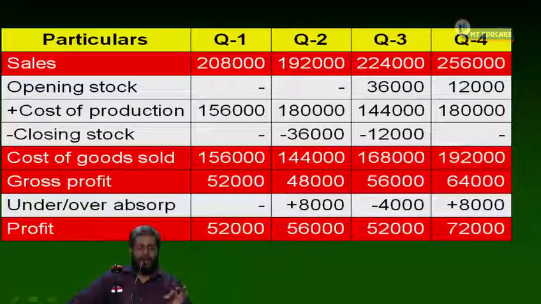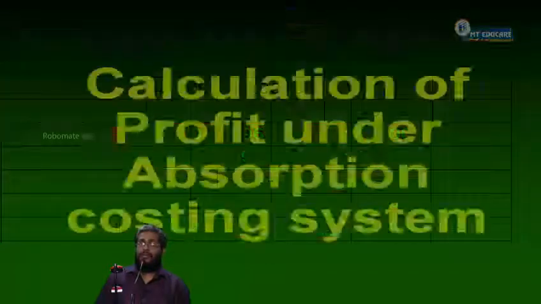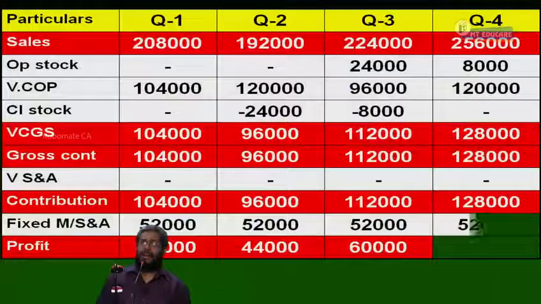Now, marginal costing and absorption costing. Why is the profit different? I'll tell the reason, and you tell me whether it is true or false. In the marginal costing system, the fixed manufacturing overheads debited are the actual, 52,000 here.